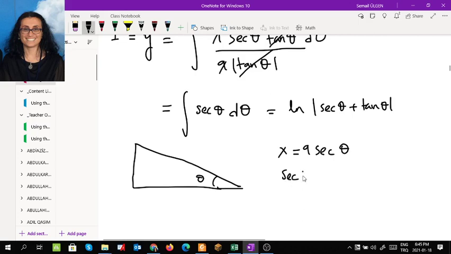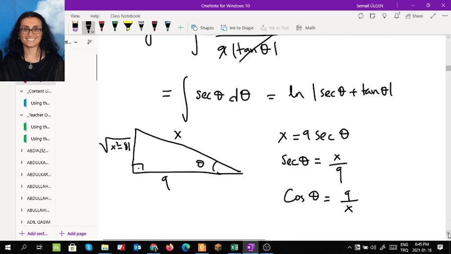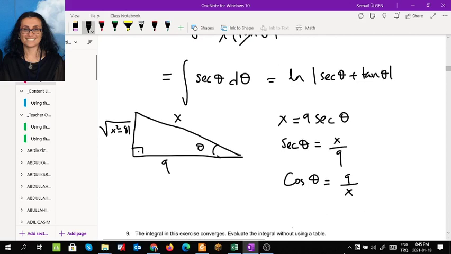Secant theta is equal to x over 9. Cosine theta, I flip it, is 9 over x, yeah? Cosine theta means this is the right angle triangle. This is 9, this is x, so this is going to be the square root of x squared minus 81. Okay, now I'm going to put a c here as well, plus a big C, yeah?